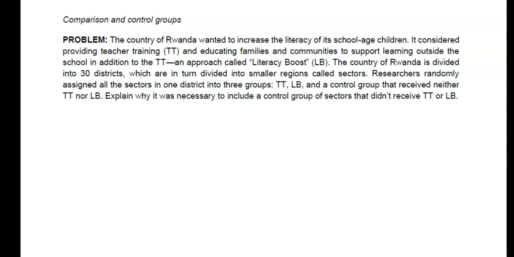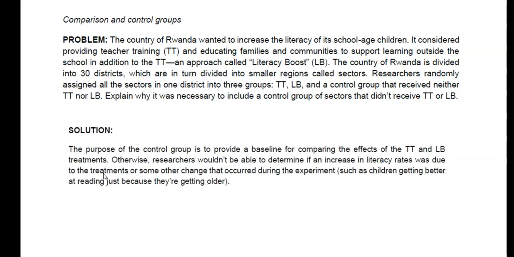Researchers randomly assigned all the sectors in one district into 3 groups: teacher training, Literacy Boost, and a control group that received neither the training nor the Literacy Boost. Explain why it's necessary to include a control group of sectors that didn't receive teacher training or the Literacy Boost. So why was that necessary?